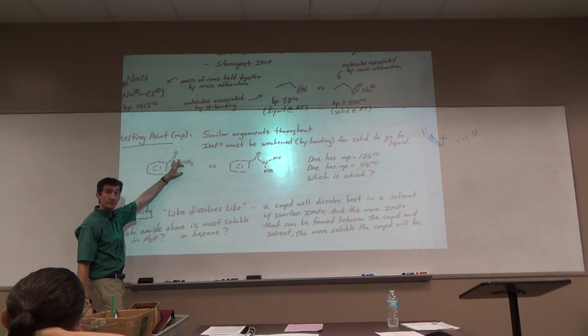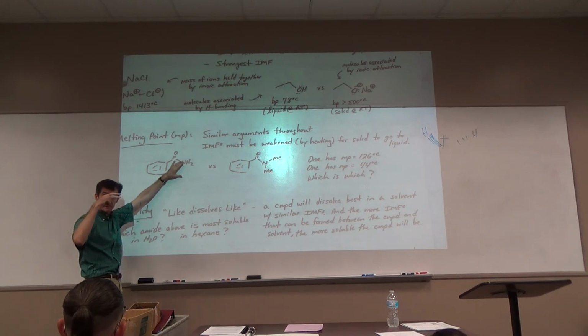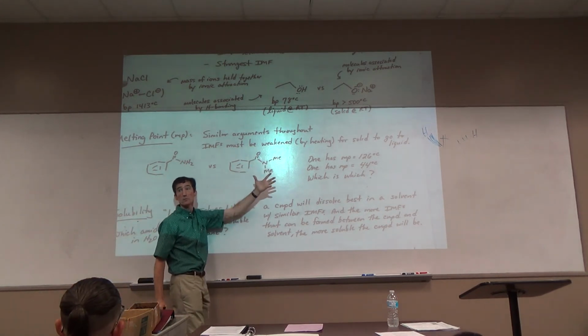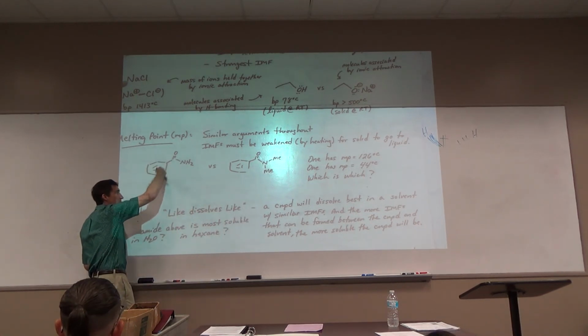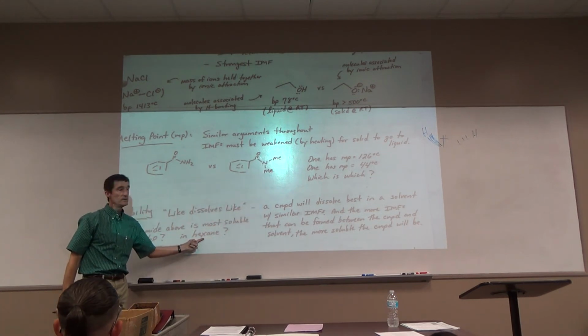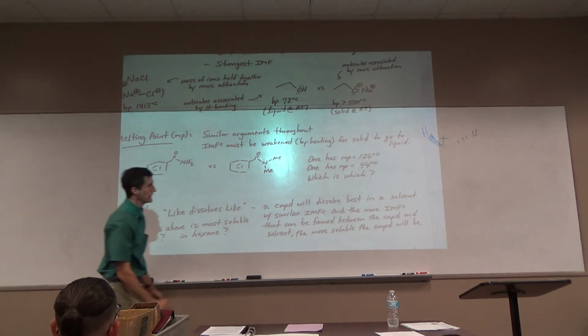Because the NH is a very polar bond. That's why we're able to say it's hydrogen bonding. Where the N-carbon is not as polar. So more hydrogen bonding means more polar. Less polar is going to like the less polar solvent better. Because like dissolves like. Making sense?